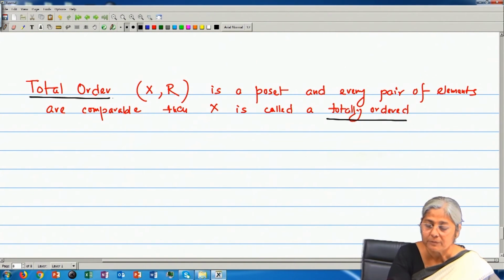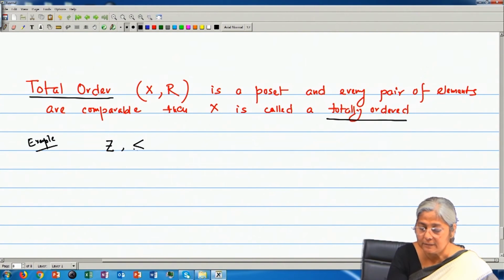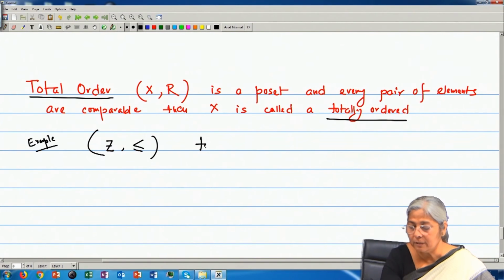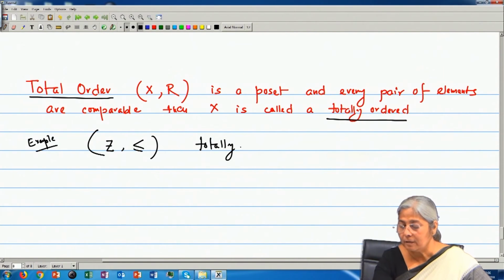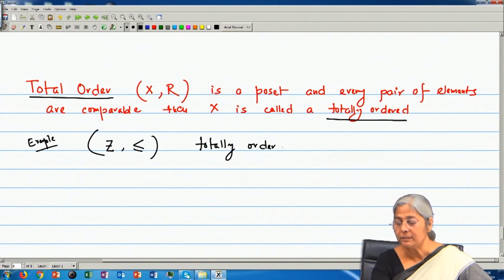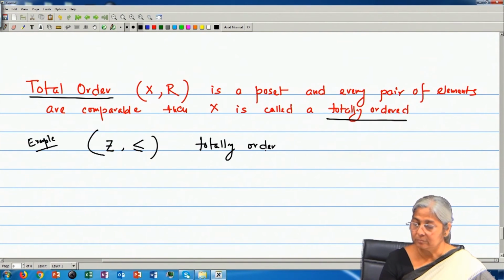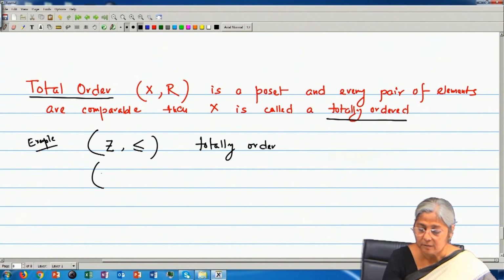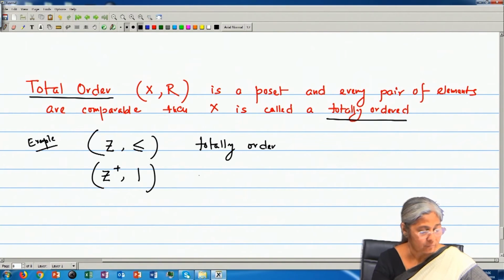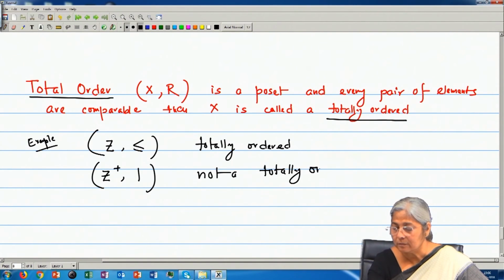So, just now we have seen that the set of integers Z with less than or equal to is a totally ordered set, because if I consider any two elements in the set, they are comparable. But if I consider positive integers Z plus and division, then it is not a totally ordered set.